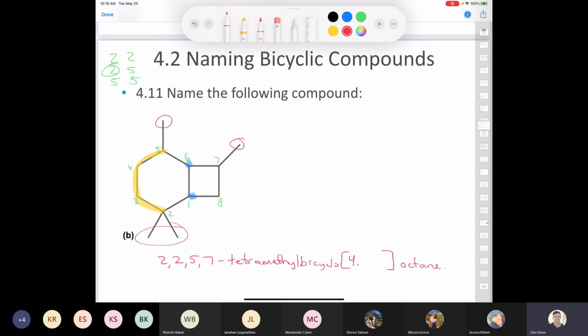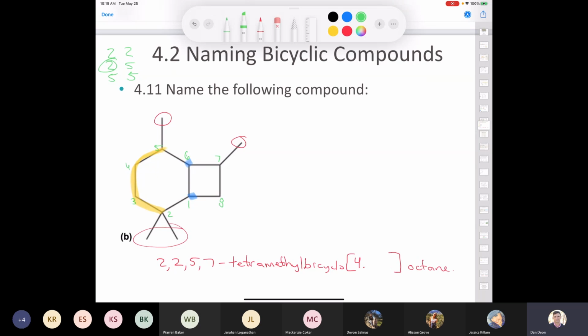How many carbons are in the second longest bridge? Right, there are 2 in the next one. So 2 here. So we have a 4, then we have a 2. And in the last bridge, there's none.